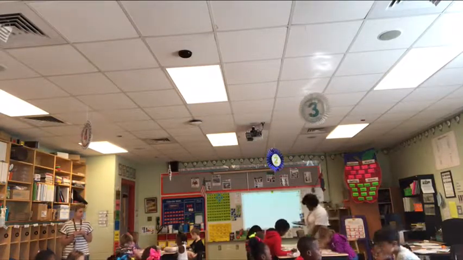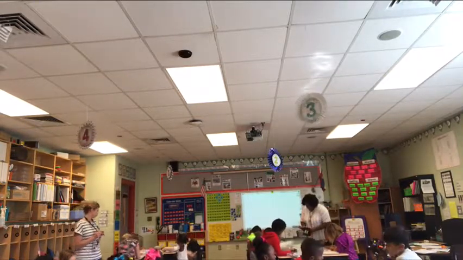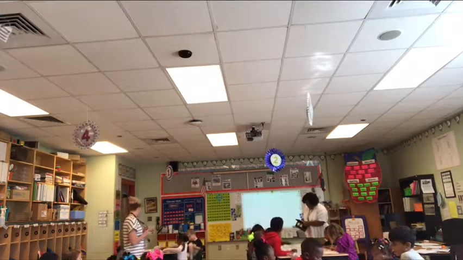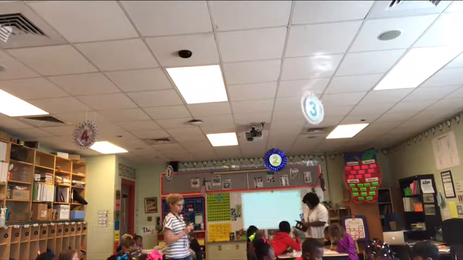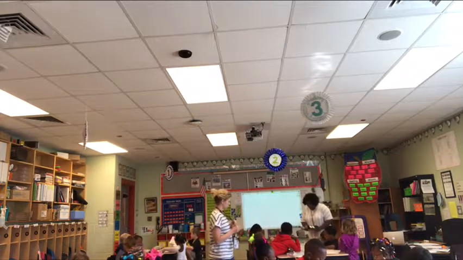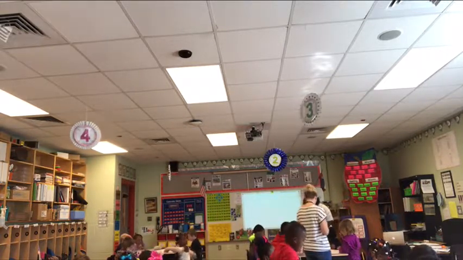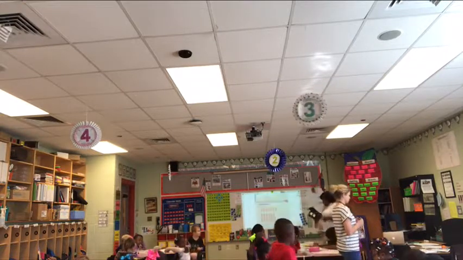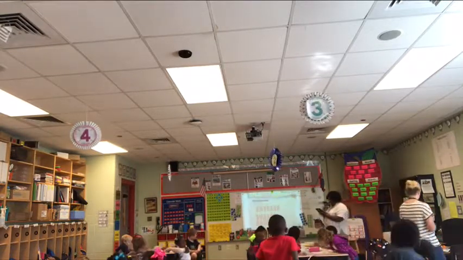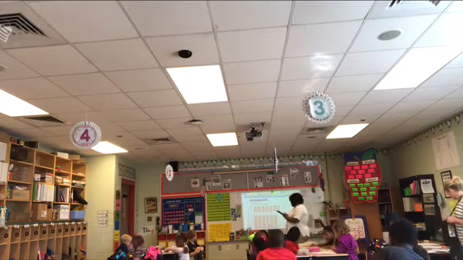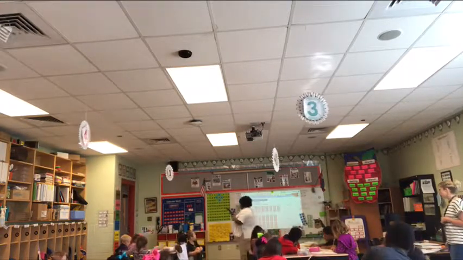Number 3 is doing the same thing. It says count by 10, then write the numbers. How many groups of 10 do I have? 7. I have 7 groups of 10. So right next on our first line, we're going to write 7.